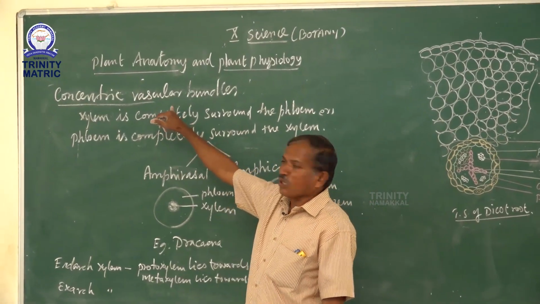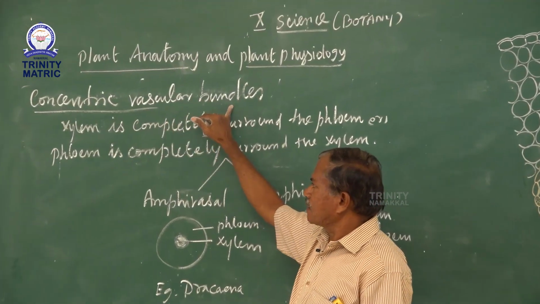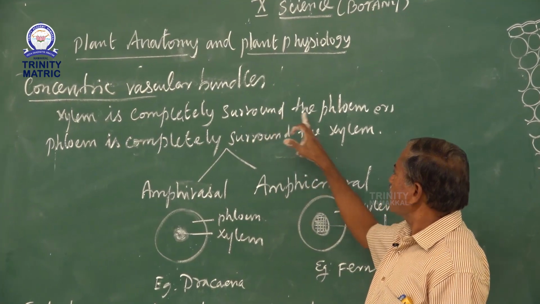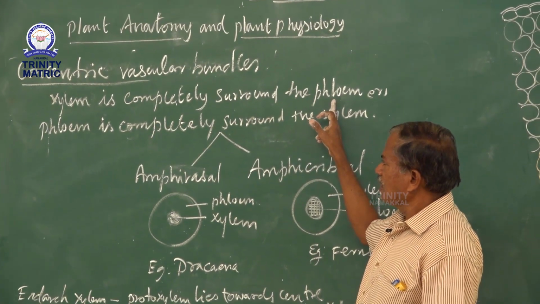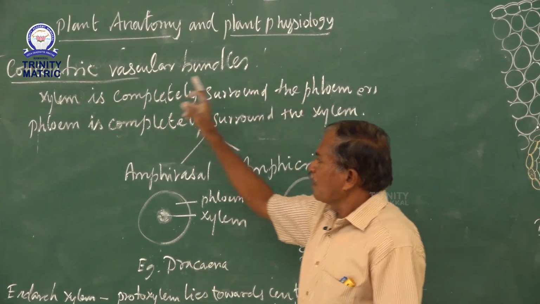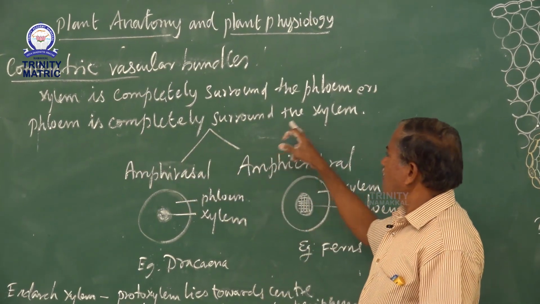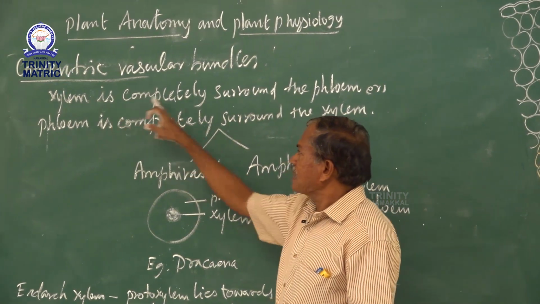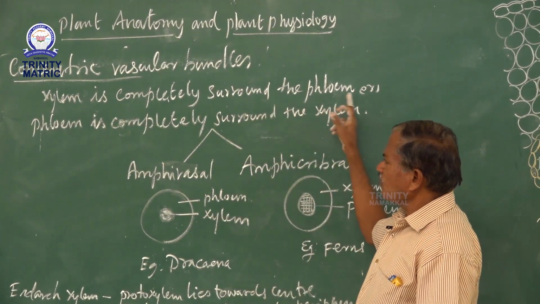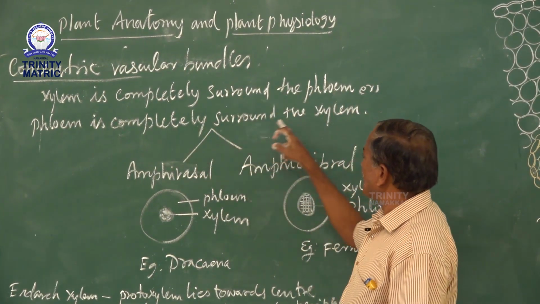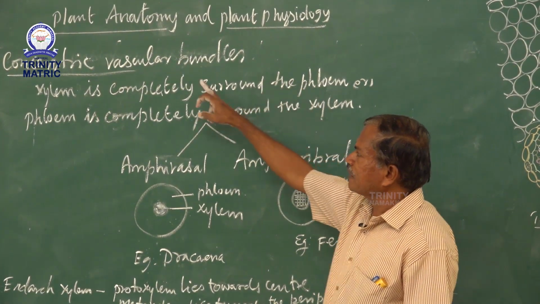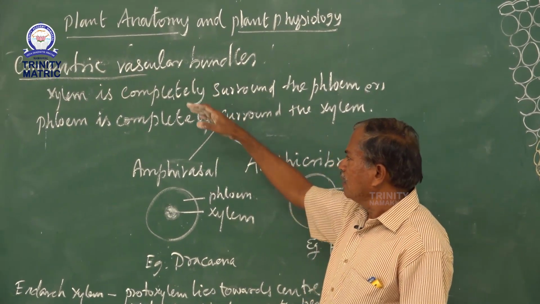So what is a concentric vascular bundle? The xylem completely surrounds the phloem, or the phloem completely surrounds the xylem. This type of arrangement is called a concentric vascular bundle.